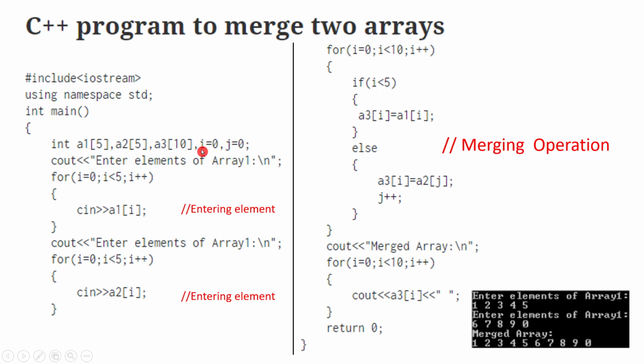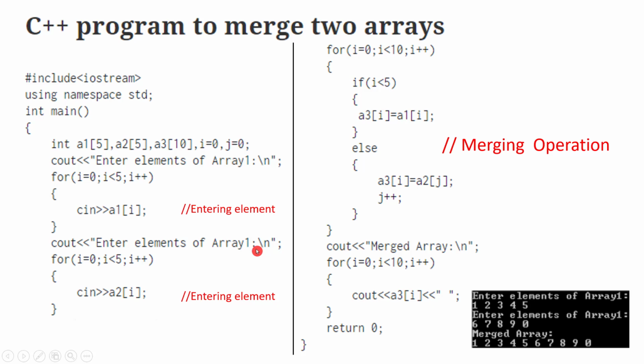You have two initializations, I equal to 0, j equal to 0. Cout, enter the elements of array. So this is coming in the output box. So we are entering the values of the first matrix. Similarly, the second matrix. Here the user needs to print out the values also. That's why here cout, enter the elements of array.